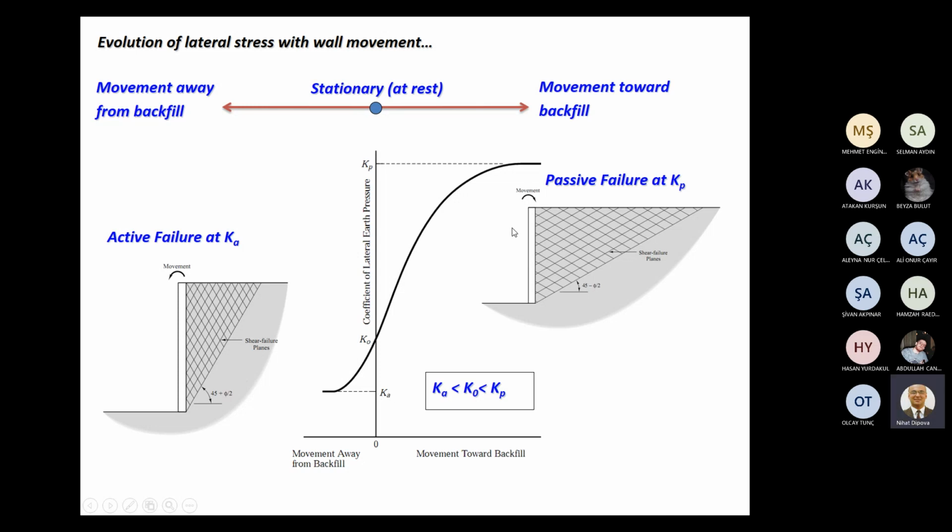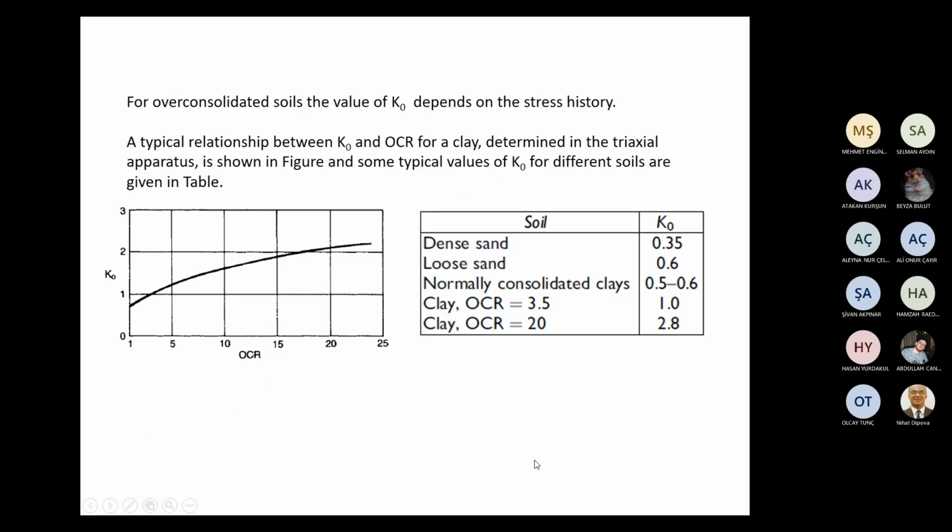And in reverse case, K value will reach Kp. And K0 will be between Ka and Kp.